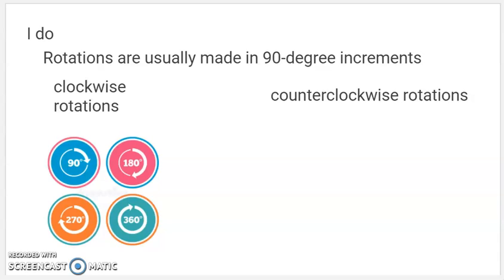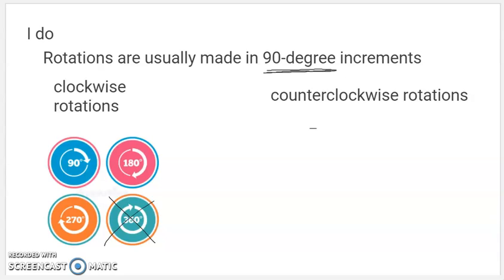Also, in addition to clockwise and counterclockwise, rotations usually come in 90-degree increments. So we usually rotate something 90 degrees or 180 degrees, or 90 more degrees is 270 degrees. And 360, we don't really do that much, but if we did, it would just be back to where it was before.